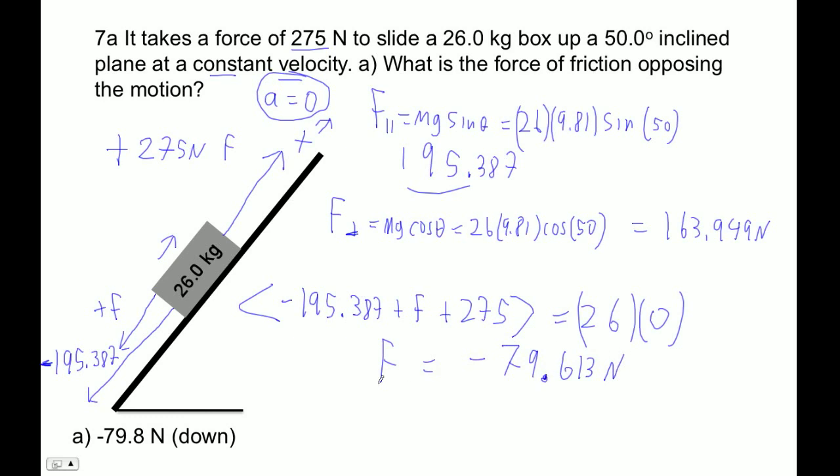Okay, so that is our friction force. Here it says 79.8. I would have to say negative 79.613, or negative 79.6 newtons. Alrighty.